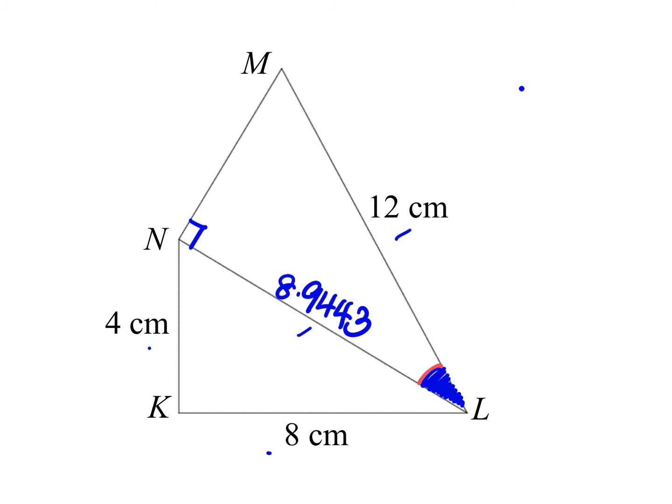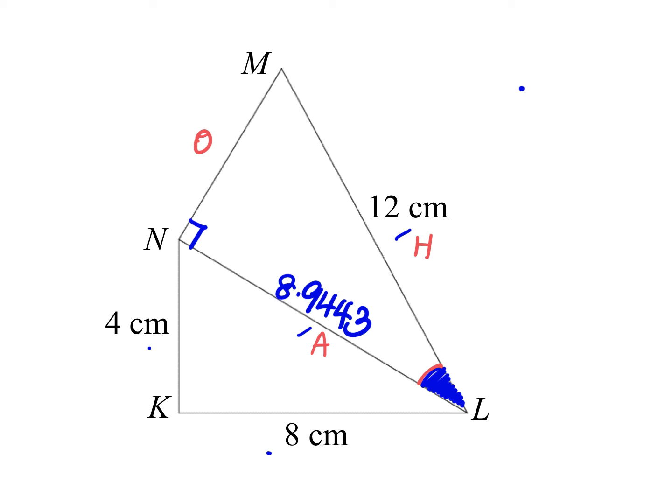Where is the opposite? MN is opposite. Where is the hypotenuse? 12. Then this one will be the adjacent. If I want to find this angle, which 2 sides have numbers? Now look at the screen, or look at the question paper. Which sides have numbers?